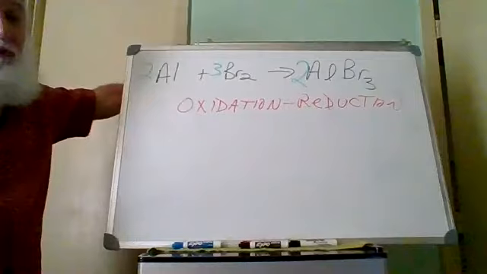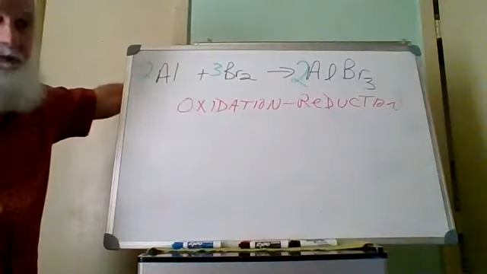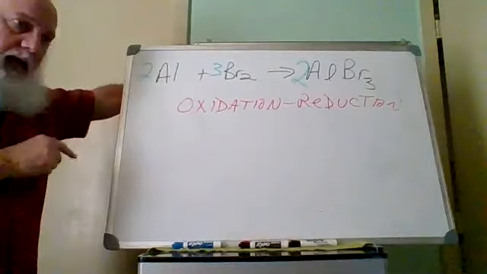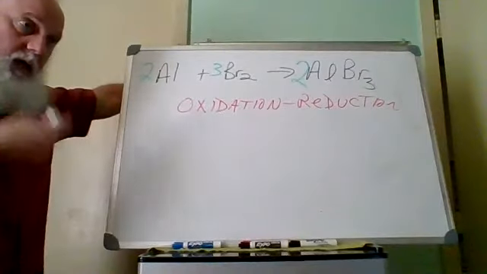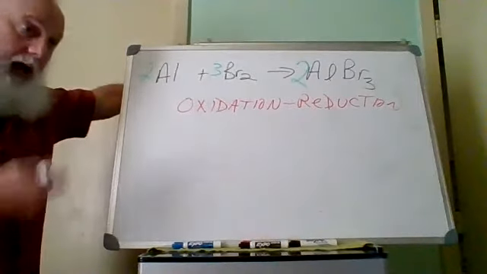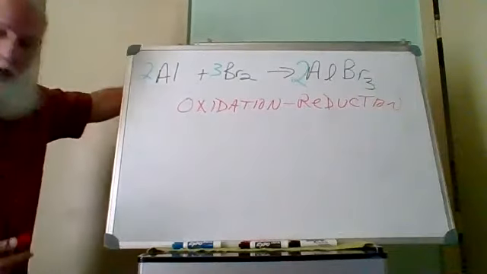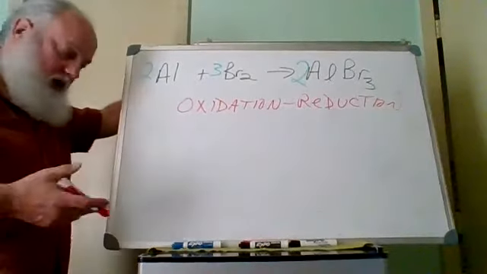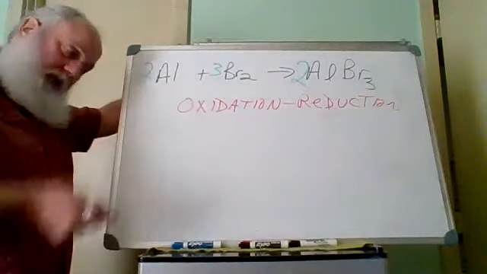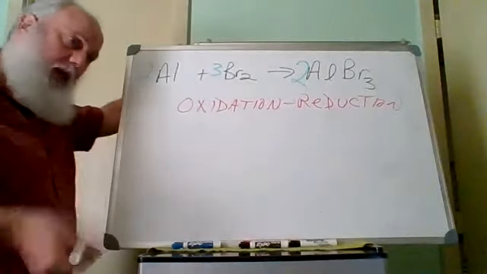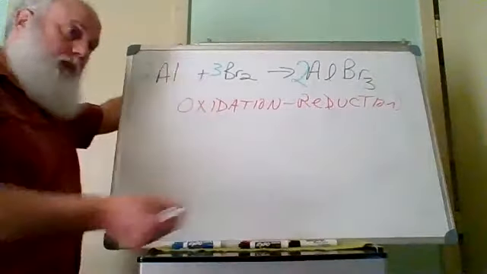As a matter of fact, every reaction we have seen today, with the exception of the last two, which were double substitution. Double substitution reactions are not oxidation reduction. Okay, in an oxidation reduction reaction, and I think you're asked this on the assignment, the electrons are transferred from one atom to a different atom.